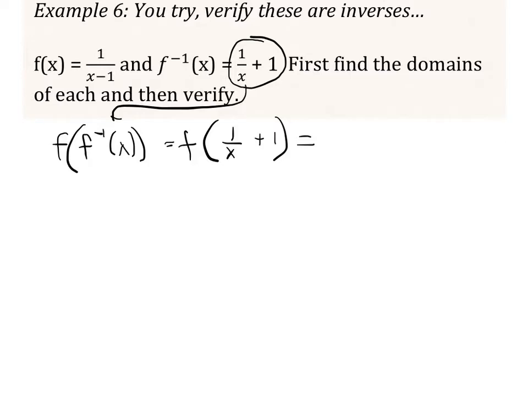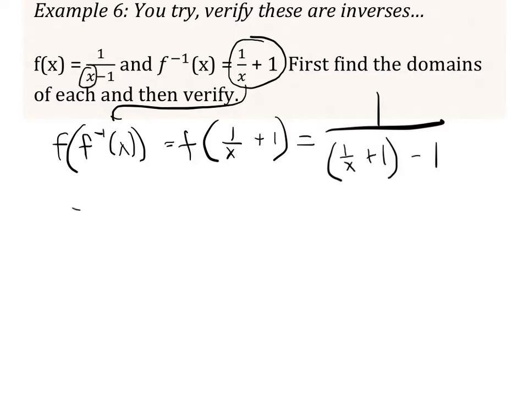Okay, so hopefully you attempted this and you see that my f of x is 1 over something minus 1, right? That's what we use to represent the x, the variable. Not sure what it is, but we could change it. It could mean something. In this case, it means our inverse function, 1 over x plus 1.